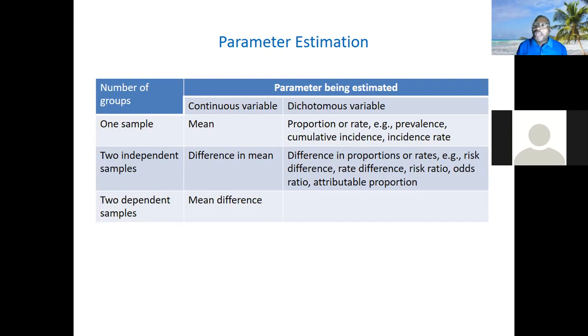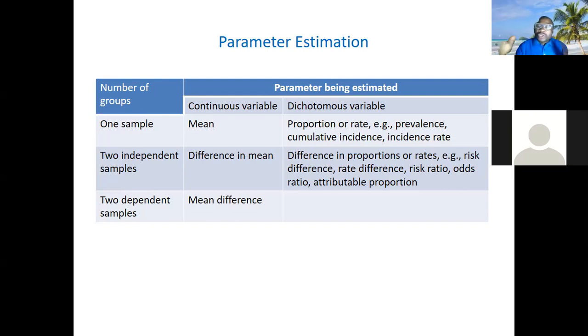If you have two independent groups and your outcome variable is continuous, something numerical, and you want to look at the difference between the two groups, it's the difference in the mean. For urban and rural, you measure the hemoglobin concentration; the mean for urban and the mean for rural may give different values.